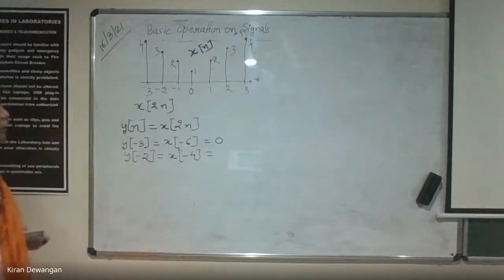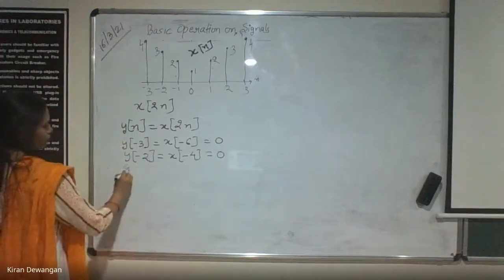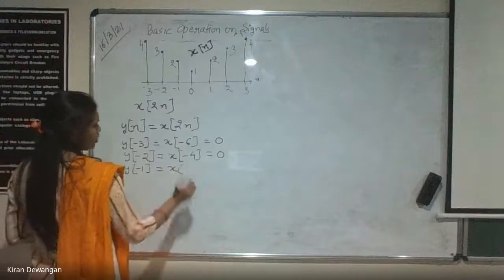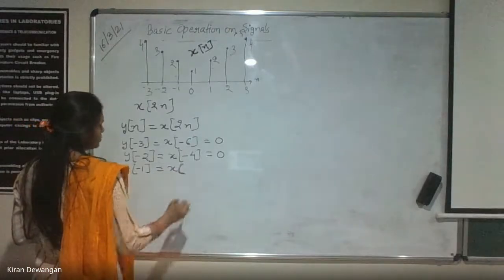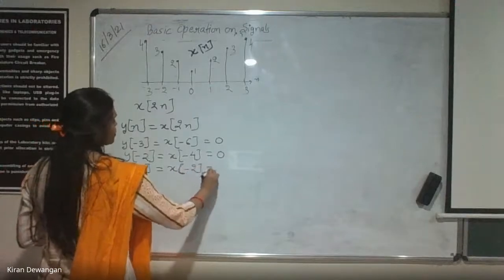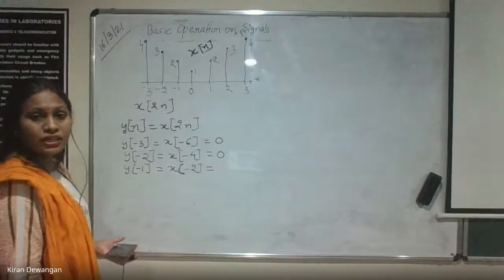We don't have a value at x of -4 also. This is again 0. Y of -1 is x of -2. What is the value at x of -2?